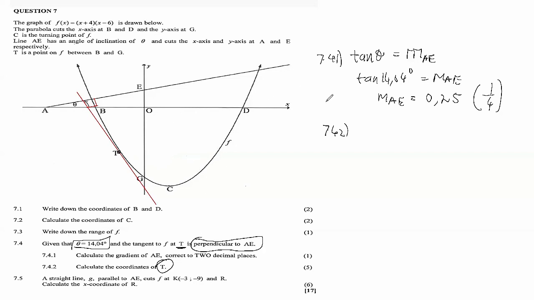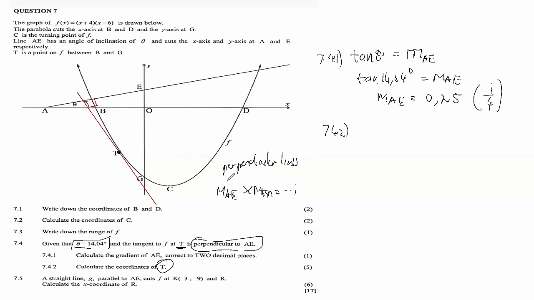This is what we know about perpendicular lines: the gradient of AE multiplied by the gradient of the tangent should give us -1. If lines are perpendicular, the product of their gradients will always be -1. By product, I mean when you multiply the gradients, they produce -1.